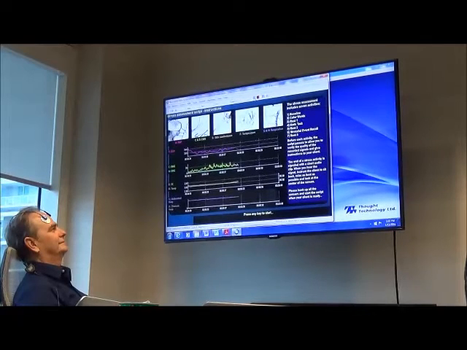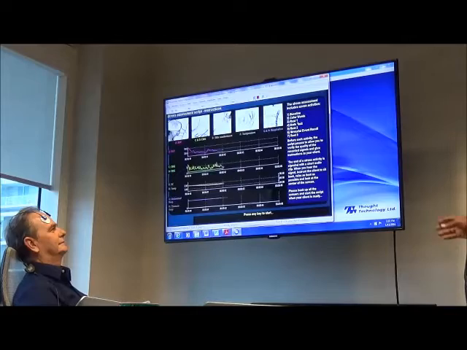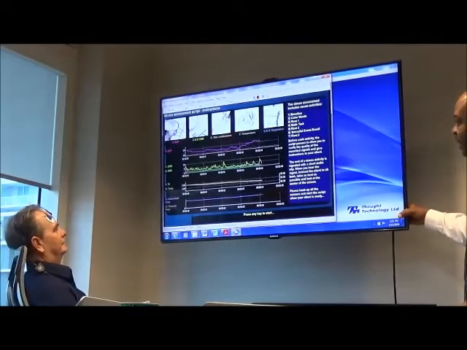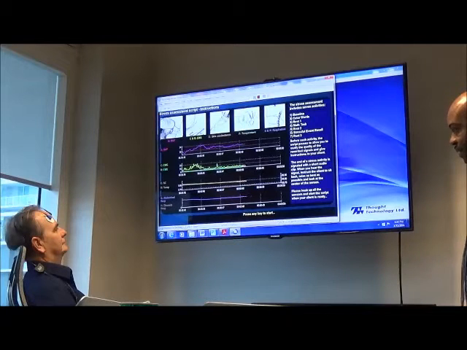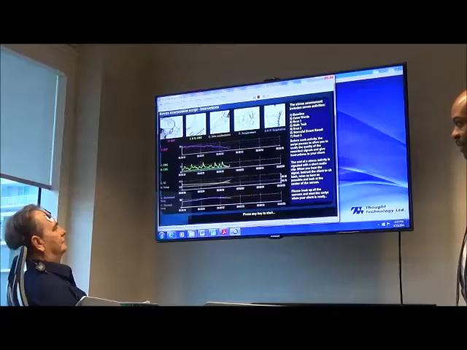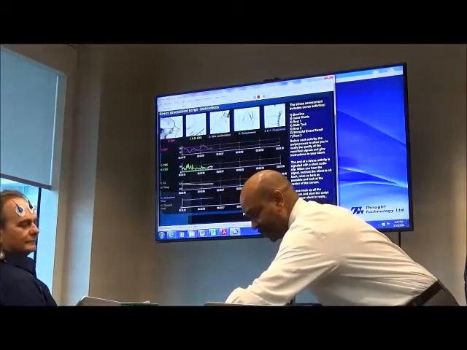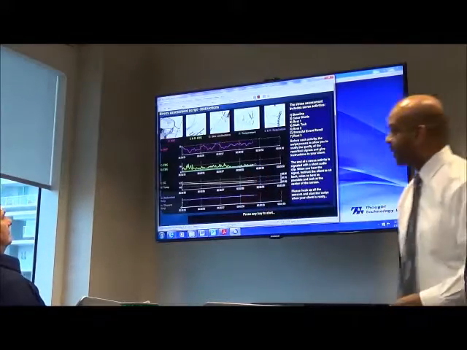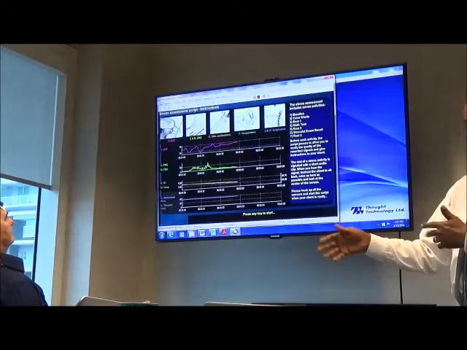So this is the first screen that we get. Can everybody see okay? Now maybe we should move him back a little bit, because he doesn't look so comfortable. He looks like he's trying to see. We have to avoid that with the patient. That's one of the things you start to notice.